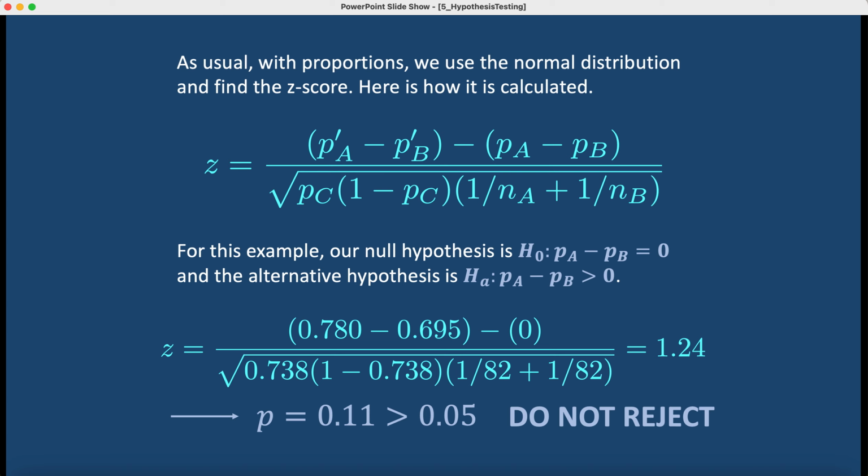So what we've seen is that when there's a difference between two things, it still might be true that their population mean or their population proportion could be the same, and that it's just by randomness, by random chance, that they were observed to be as different as they are.